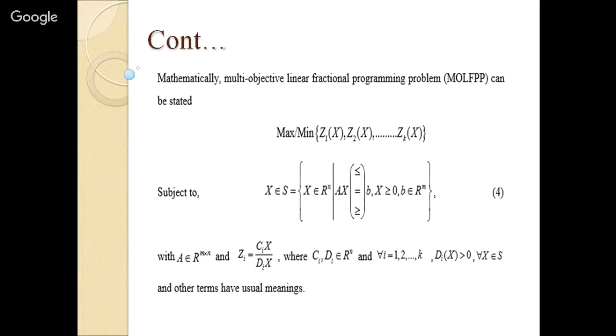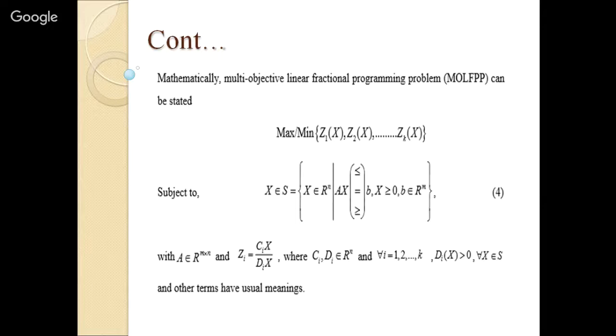This is the mathematical format of the multi-objective linear fractional program. You can see multi-objective linear fractional programming problems are to optimize more than one objective function. We want the maximum value of each and every one of the k objective functions, subject to a set of constraints, where Z_i is C_i x upon D_i x, so the objective functions are in the form of fractional functions.